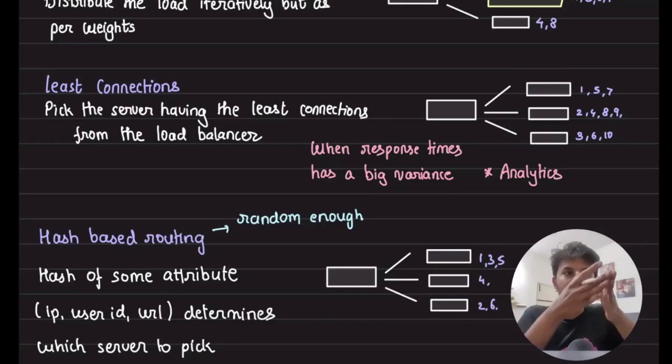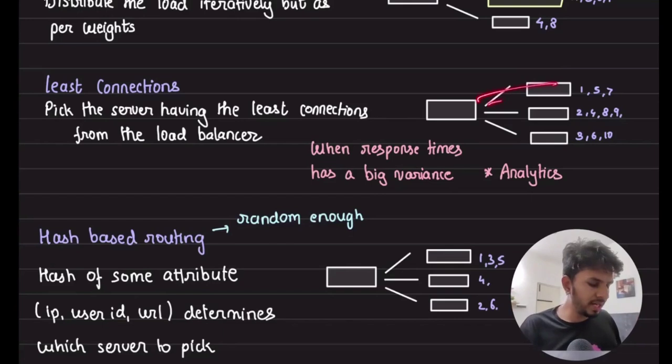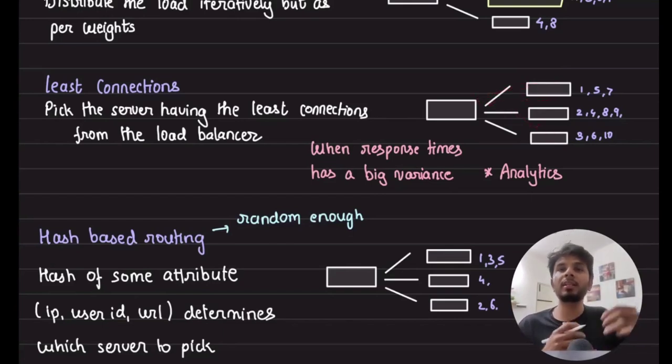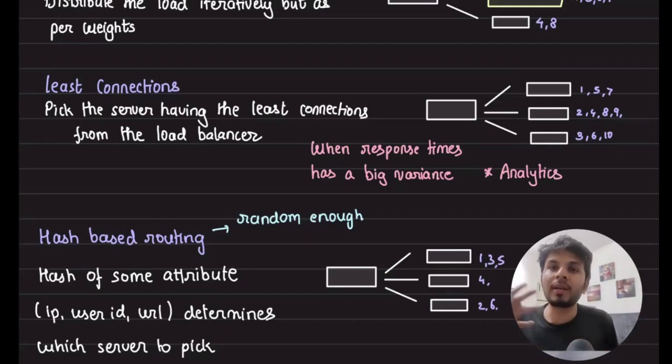Because of this variance, you would want to send requests to a server that is relatively freer. Let's say one server gets 2 big requests to handle, and if you bombard it with other requests, the new requests you send would take a long time to complete while other servers are free, right? So that would be unfair.